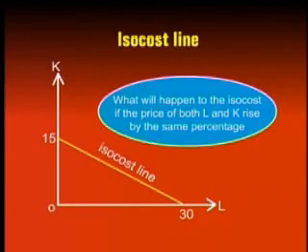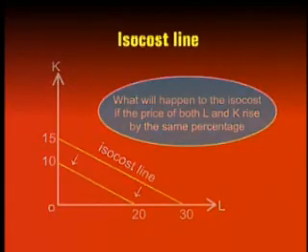This, my friends, will cause an inward shift. So if the price of labor and capital both rise by 33%, the isocost will shift inwards as shown here, where it intersects the vertical axis at 10 and the horizontal axis at 20.